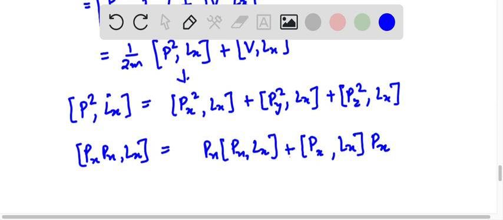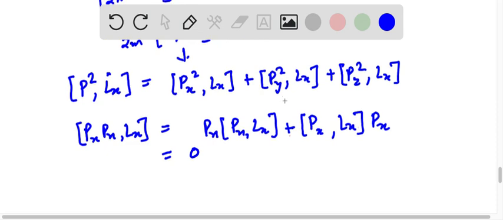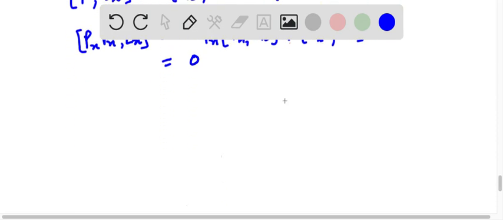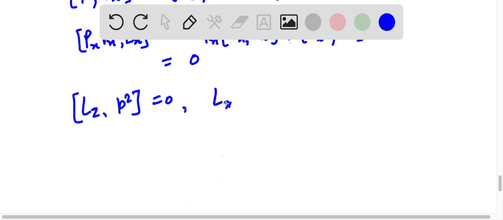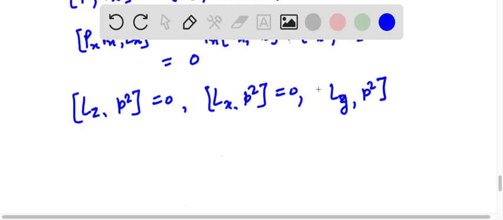That means this commutation is also 0. So this is 0. Similarly, we can calculate [py, Lx] and [pz, Lx], and because Lz commutes with p square, it is 0, similarly Lx with p square is equal to 0, and Ly with p square is equal to 0.